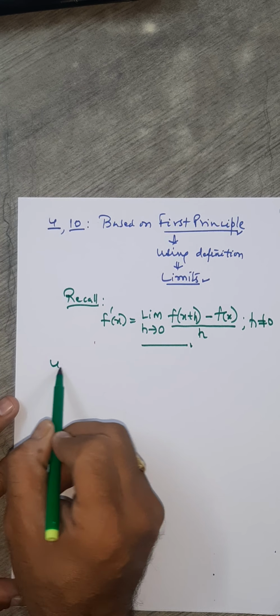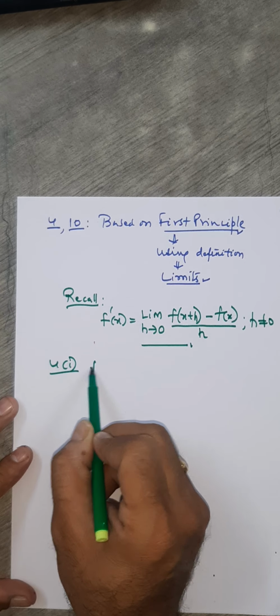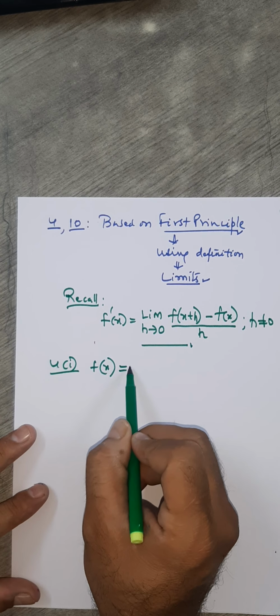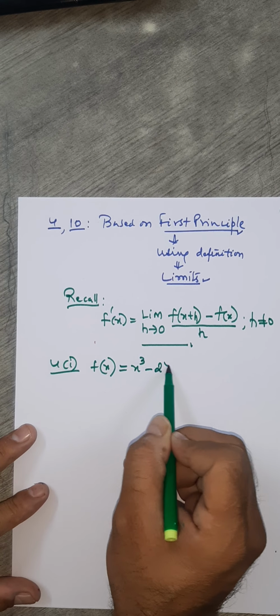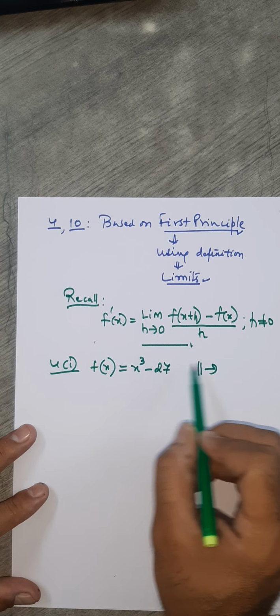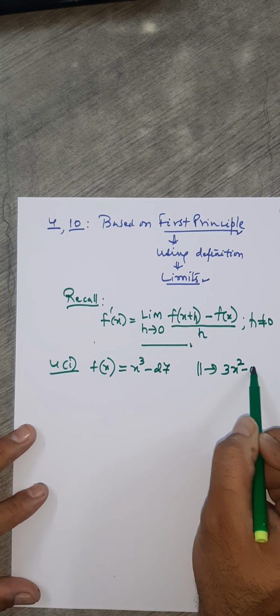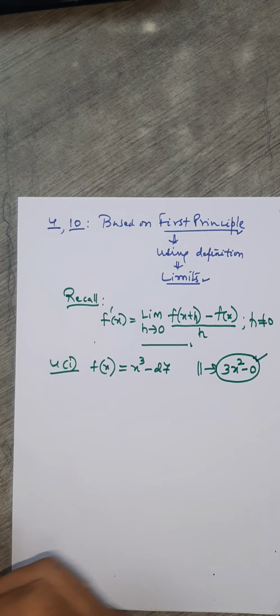Question number 4, first one, the function is given by x cube minus 27. You know the derivative directly. X cube derivative 3x square, 27 is 0. So the final derivative is just 3x square.